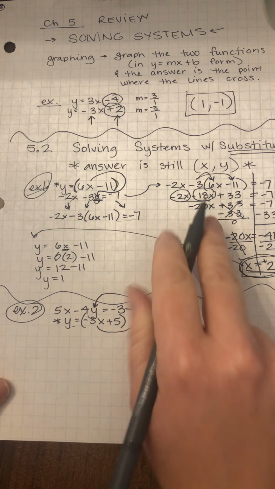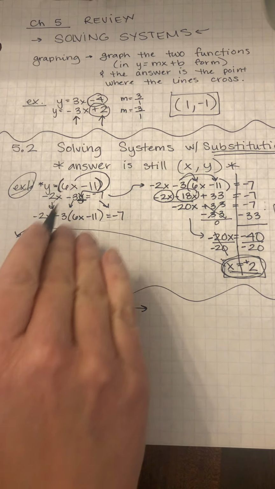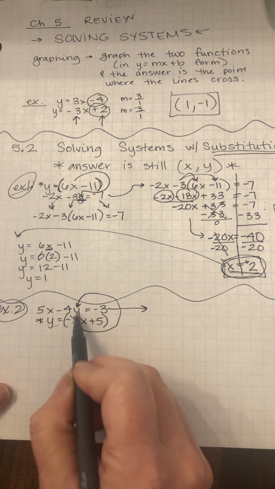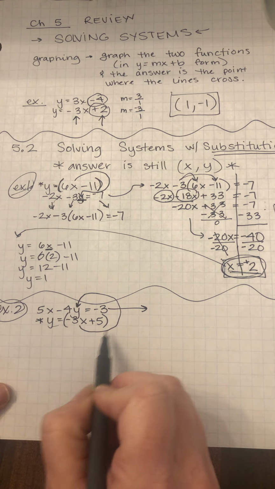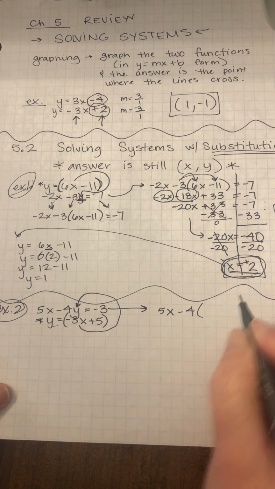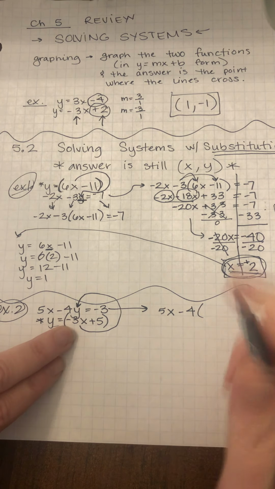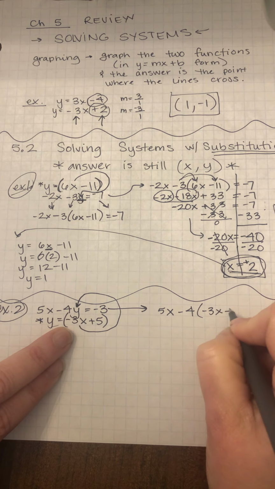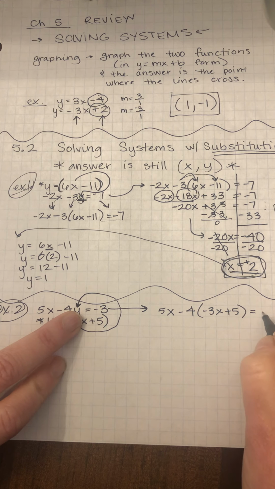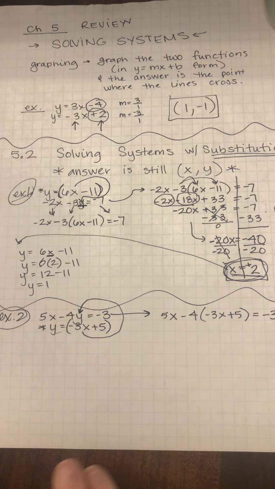Just like we did for the last one, I'm going to copy everything the same, except I'm going to substitute in for the y. So 5x minus 4, substitute in for y, negative 3x plus 5, then keep everything the same, equals negative 3.